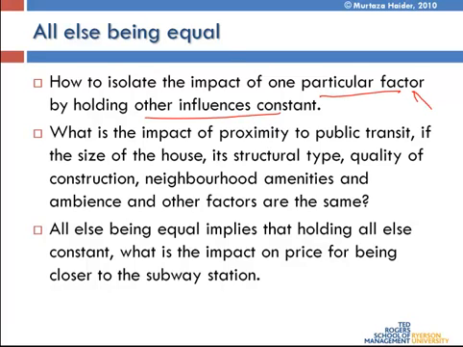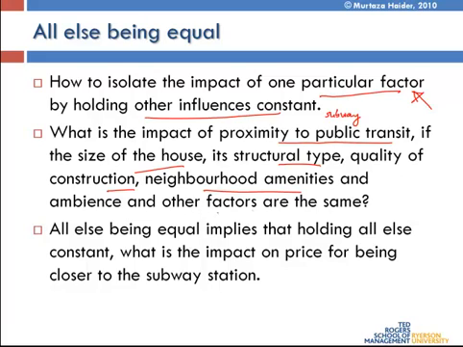For example, what is the impact of proximity to public transit? What is the impact of proximity to public transit, that is those subway stations that I mentioned earlier, on housing prices, if the size of the houses and the structural type, the quality of construction, and all neighborhood amenities and other influential factors are the same.